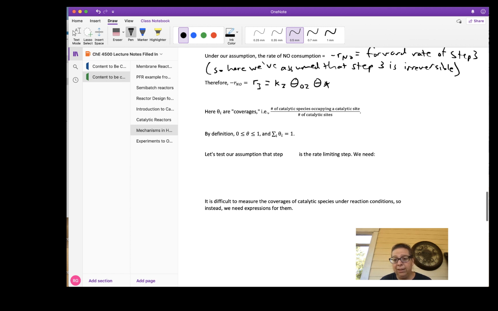Specifically, it's the number of catalytic species occupying a catalytic site divided by the number of catalytic sites. You could also say the number of catalytic species per unit area. We'll say per catalyst surface area.